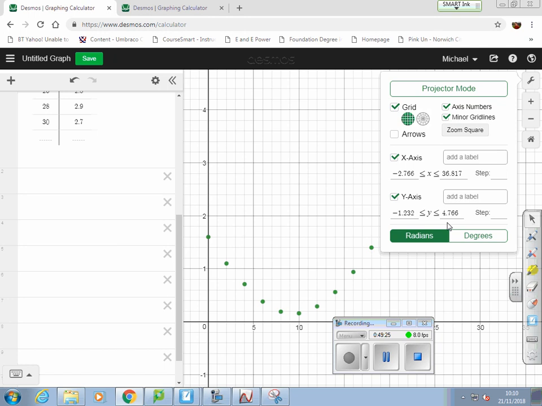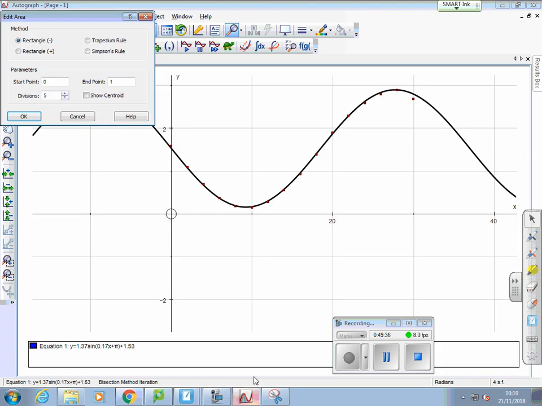Sometimes that's quicker, sometimes it isn't. You can't really box zoom out, can you? That's the problem. You can box zoom in, but you can't box zoom out. So the choice is yours, which software you use.